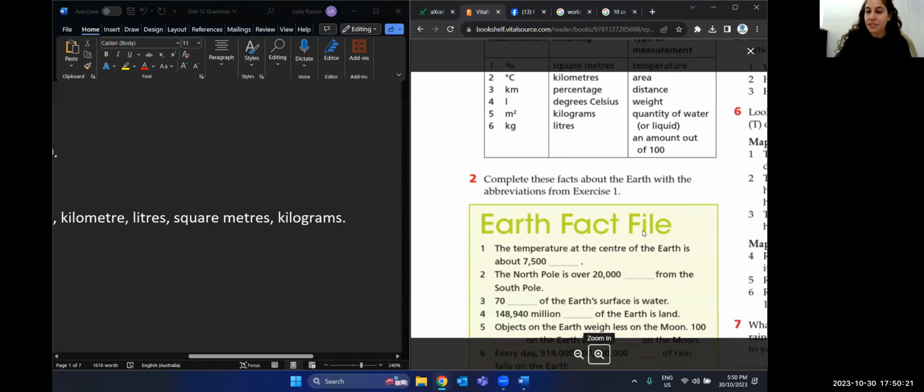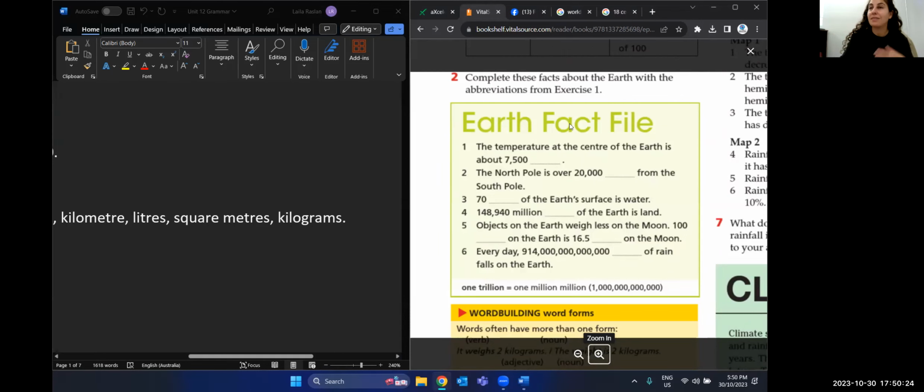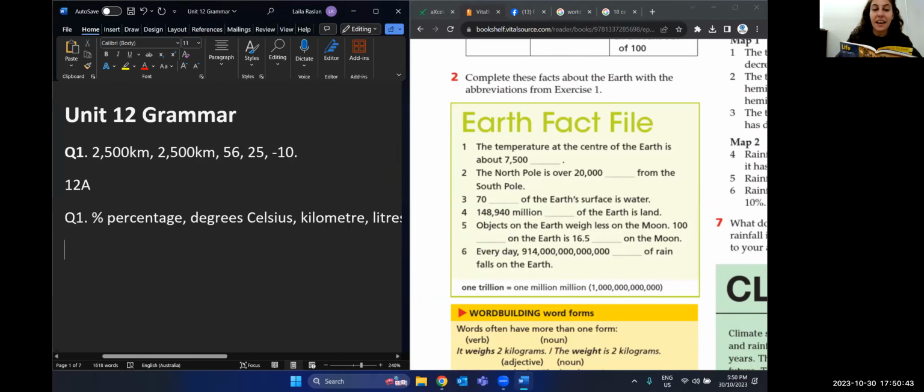Okay, let's read a bit of facts. That means true information about the Earth. So we've got to fill in some symbols. If I said the temperature at the center of the Earth is about 7,500 degrees Celsius.